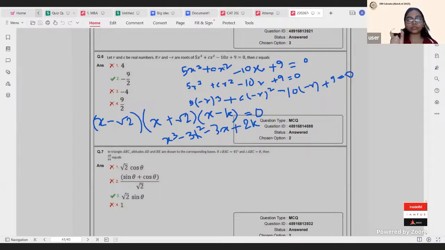Just comparing the coefficients of x square in both the equations. And solving for the value of k, we got k's value is 9 by 10. So in this case, since c's value is minus 5k, c's value should be 9 by 10 into 5.